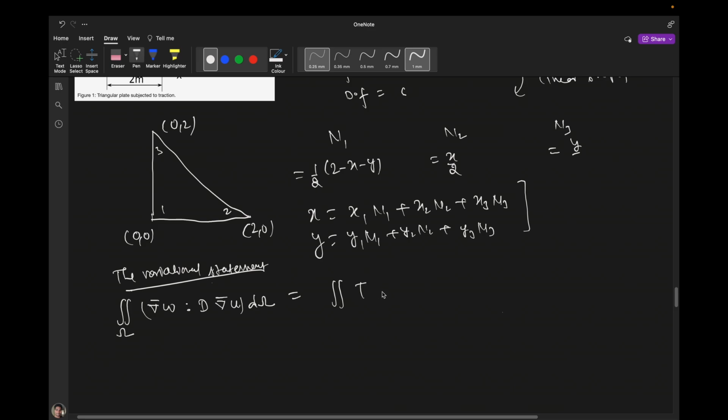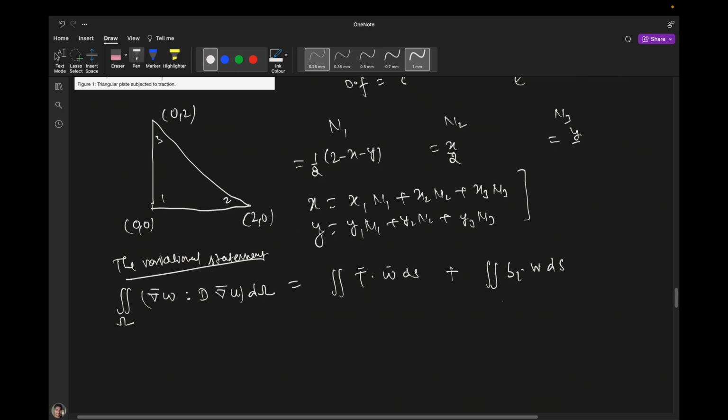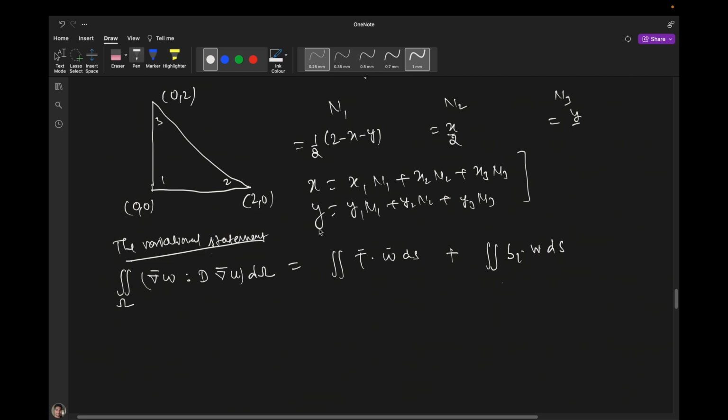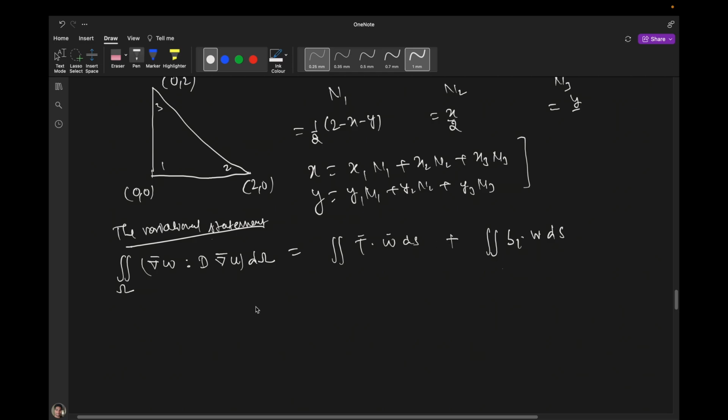And here it will be a traction boundary condition.